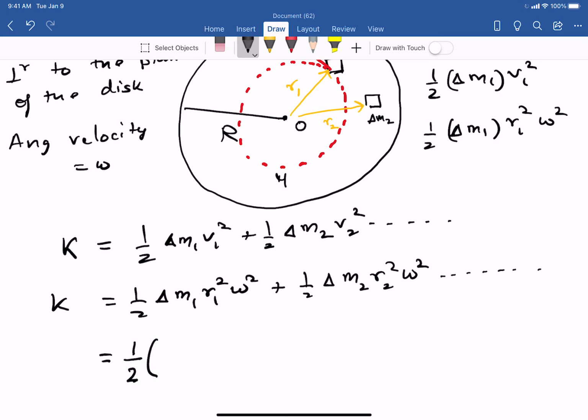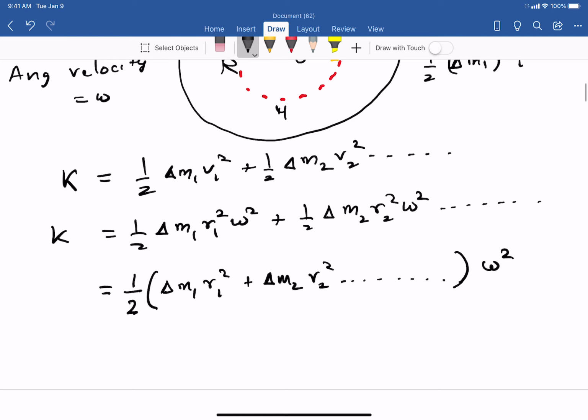Then we have all of these terms in the sum: delta m1 r1 squared omega squared, and then delta m2 r2 squared omega squared. And let's imagine factoring out the omega squared at the other end like this. So inside the sum, I'm just going to leave delta m1 r1 squared plus delta m2 r2 squared and so on, right? All I've done is slightly rearrange the terms.